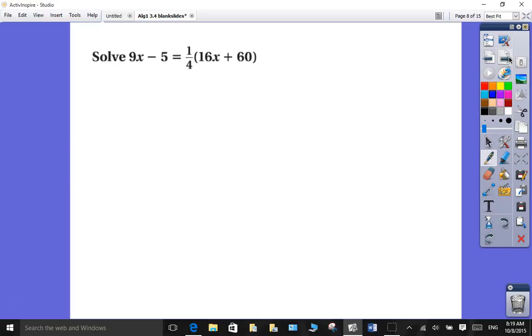It's another example of where I don't like the way this book operates. But okay, so let's say I go 9x minus 5 equals 1/4 times 16x plus 60. Right, I'm going to multiply both sides times 4. I'll put the 4 here and a 4 here, which means that's got to be times the whole left side, so I need parentheses now.